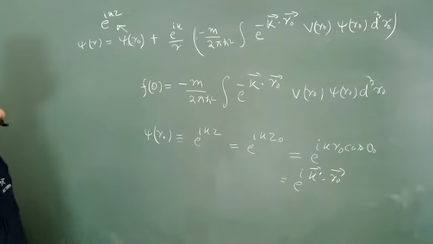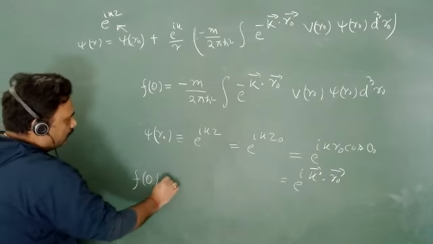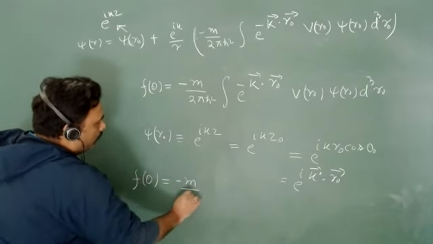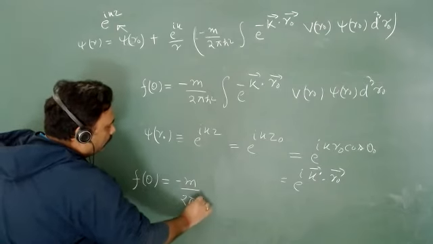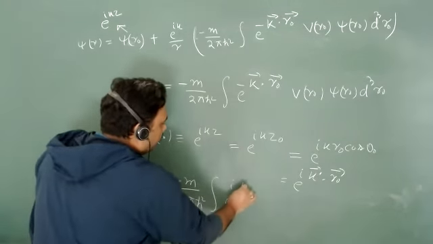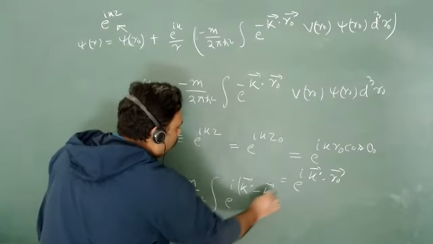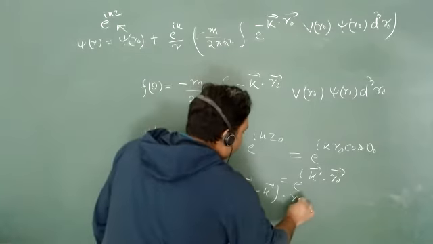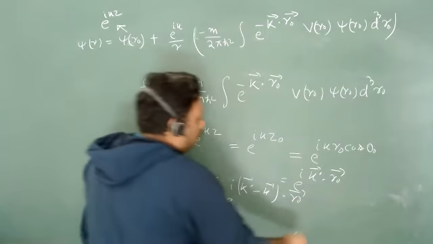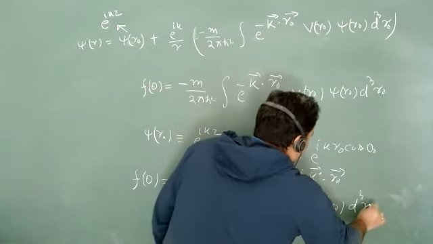So should I put it here? So what is my F theta? And now we get the answer. Minus m upon 2 pi h cut square, e to the power i, k dash minus k, dot r naught, v r naught, d cube r naught.